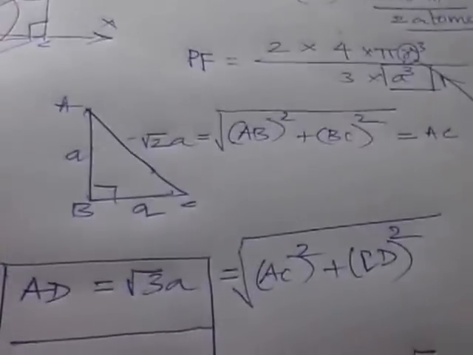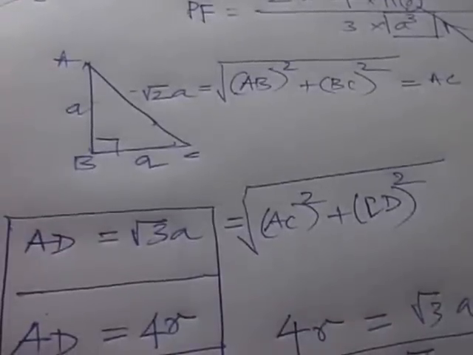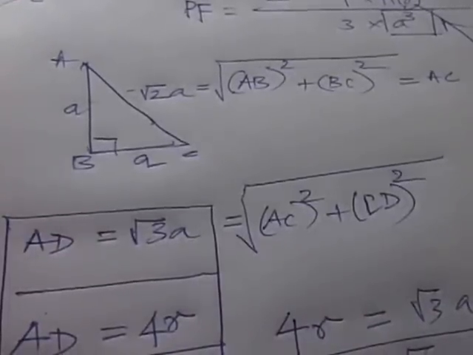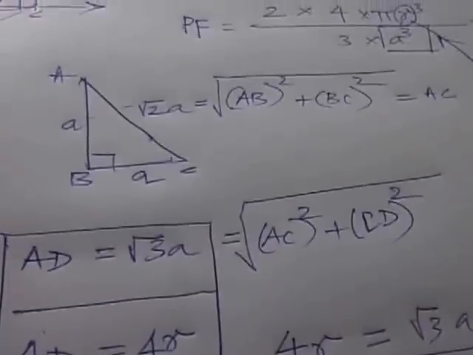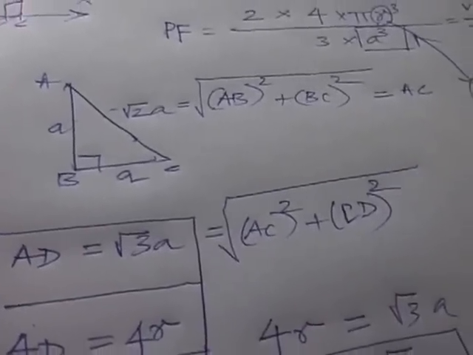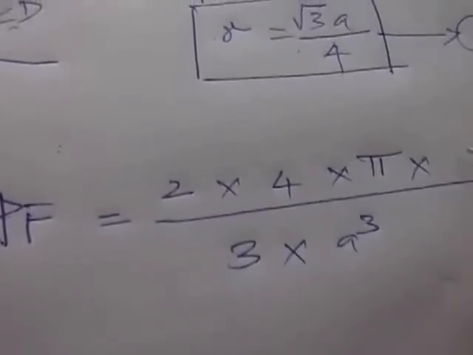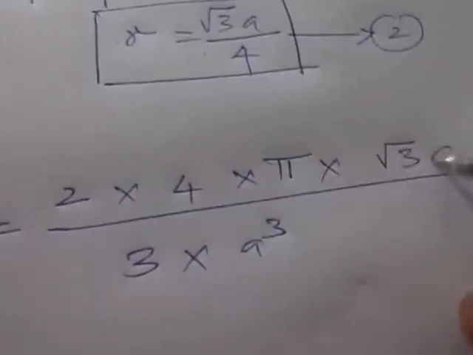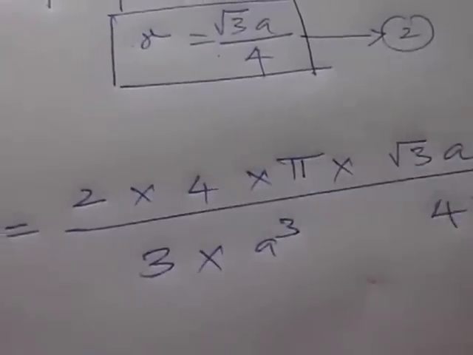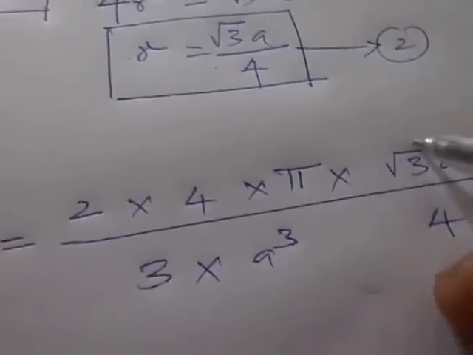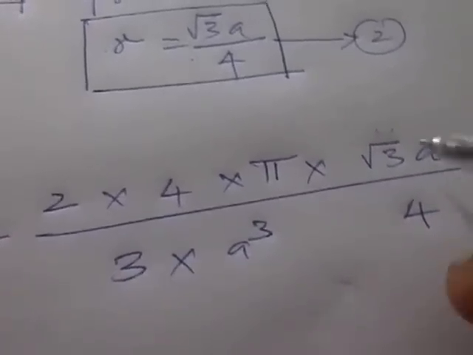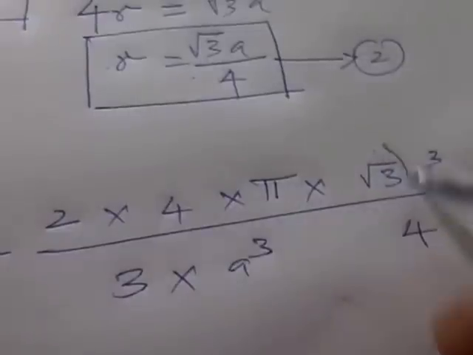You get 2 into 4 into pi, and the denominator is 3 into a cube. So what I have said now, I have marked it here, and for R, root 3 into a divided by 4, and this is to be cubed. This is R, and R cube we need to put.